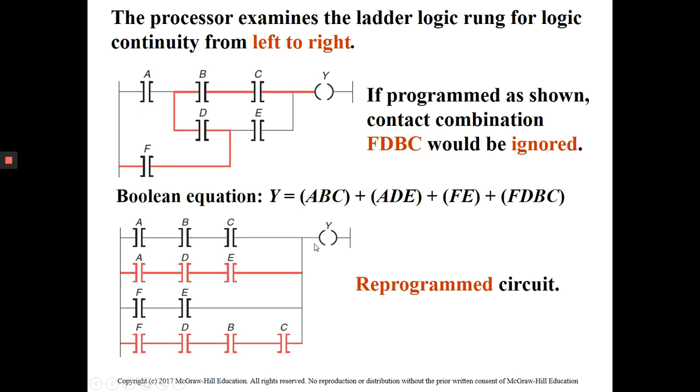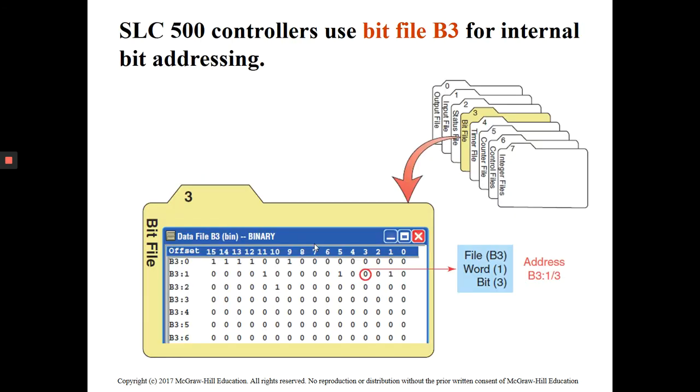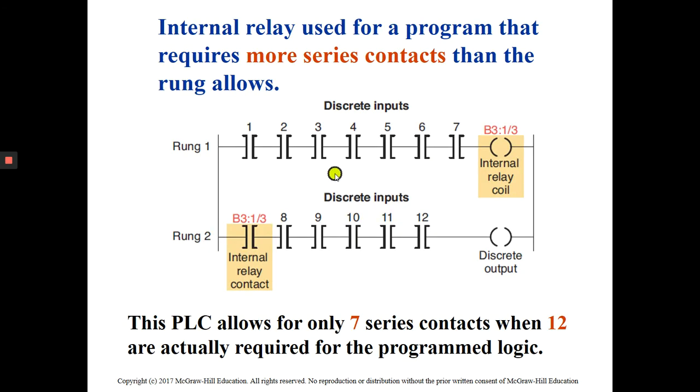As you can see here, for example, we have the limitation of this PLC, that you can only use 7 instructions. But in the process that we want to control, we have 12 instructions.